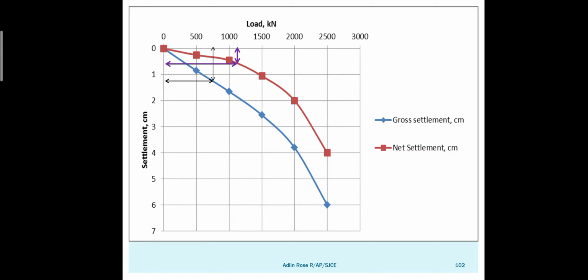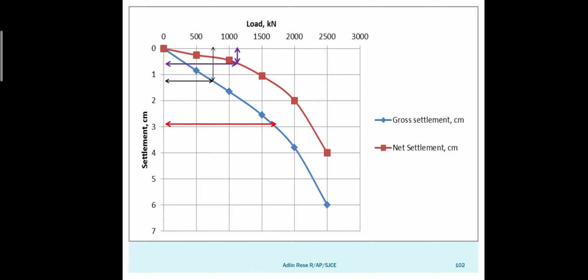Third method to find the allowable load is you have to find what is B by 10. What is B here? 30 centimeter. That is the diameter of the pile. So the 30 by 10 will give you 3 centimeter. So we take the net gross settlement corresponding to 3 centimeter.